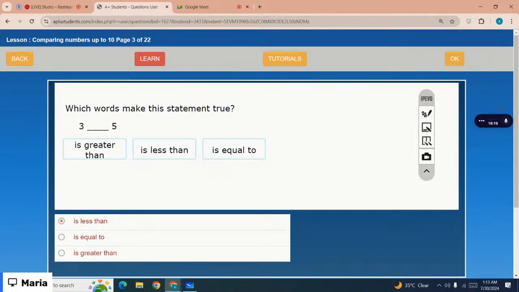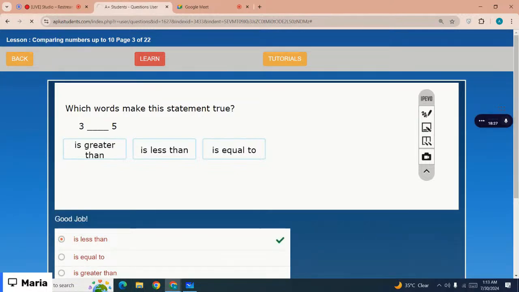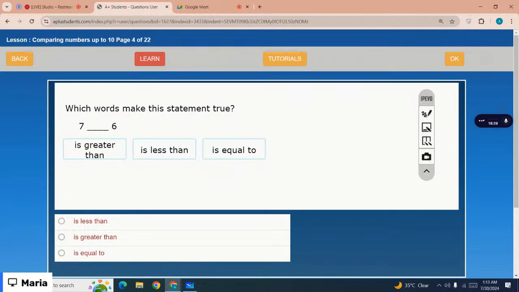3 is less than 5. Which words make the statement true?